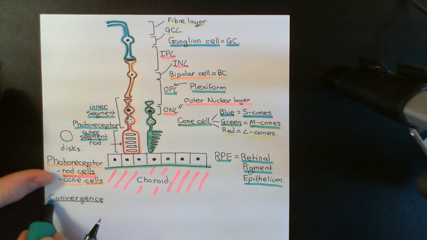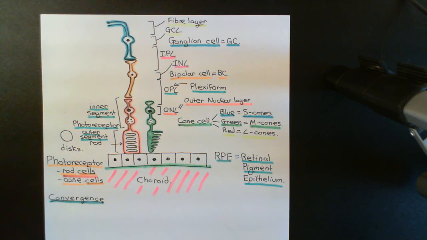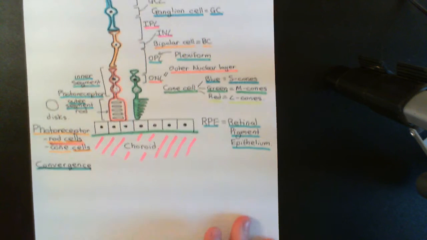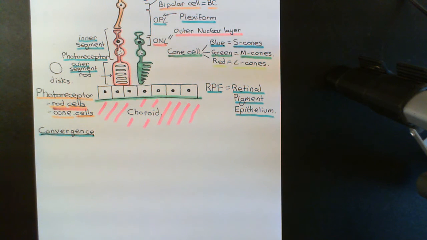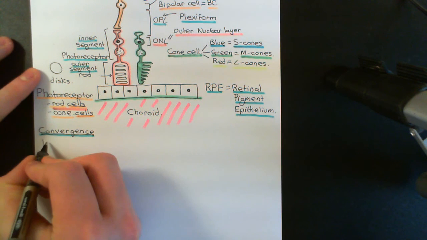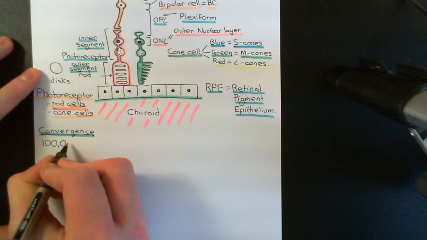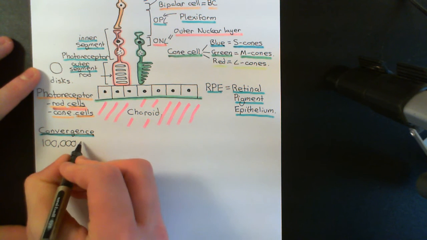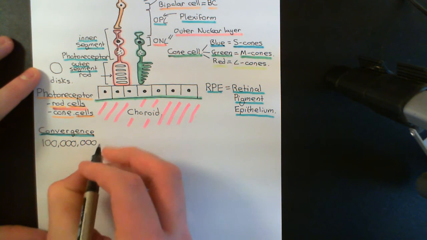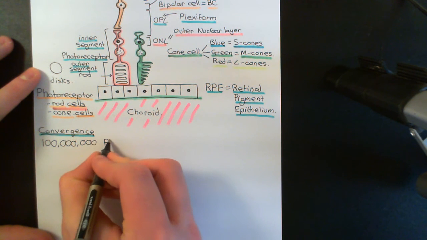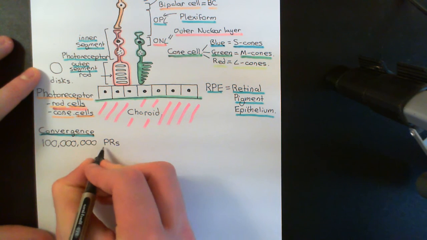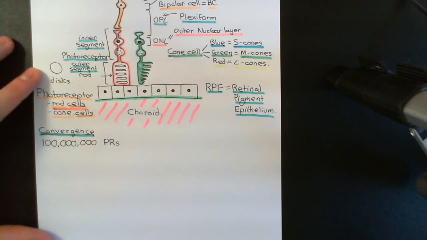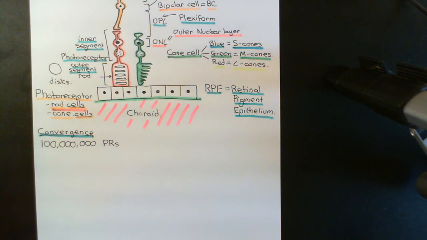Okay, so convergence then. In each eye, there are approximately 100 million photoreceptors. So go on to either eye, right or left eye, have a look at the retina, and in there will be 100 million photoreceptors, which are abbreviated down to PRs. The question is then, how many ganglion cells are there?